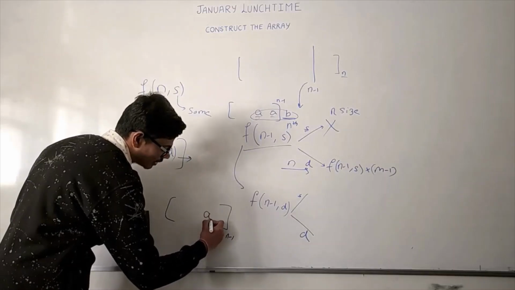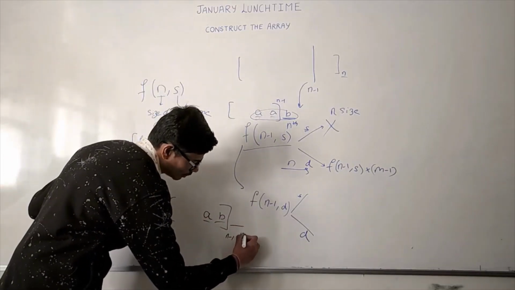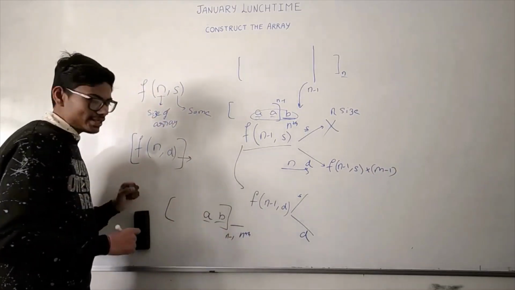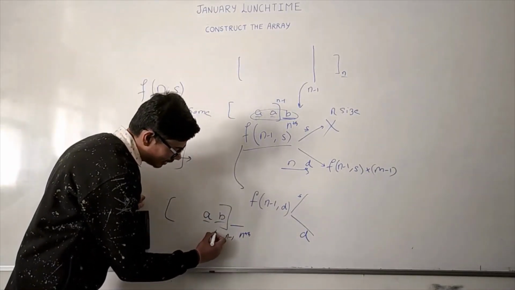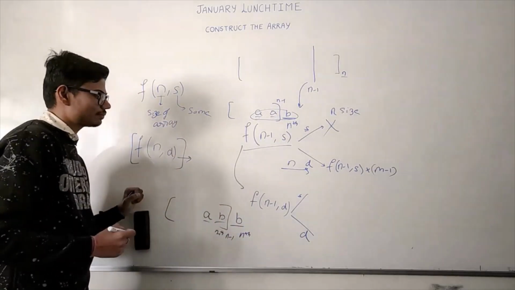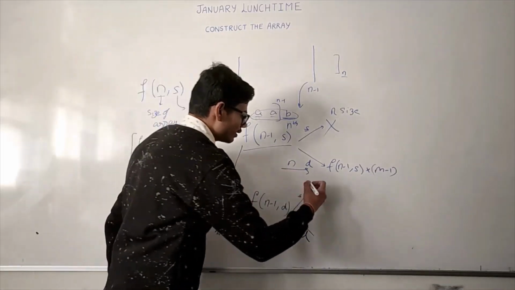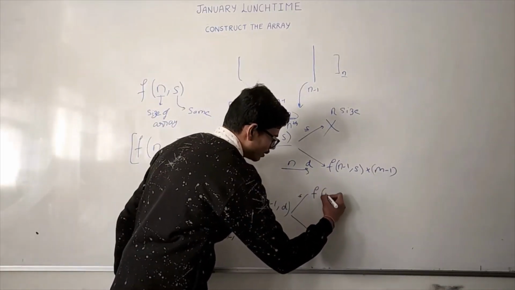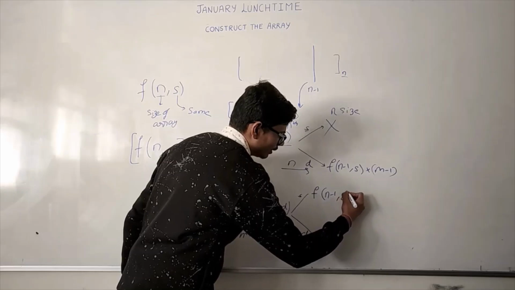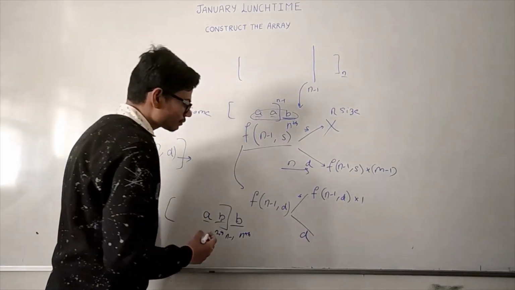Let's say here we place A and here we place B. Now at nth position we are placing the same element which is already placed at n minus 1th position. So here we again place B. So the total number of ways of such kind of array are f of n minus 1 comma d into 1 because we are placing same element here.